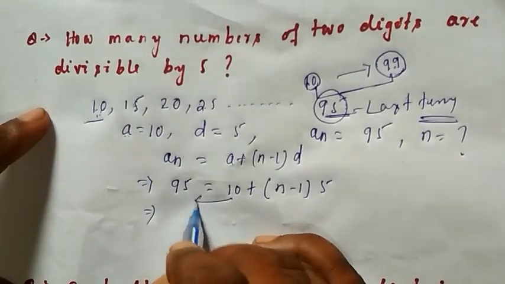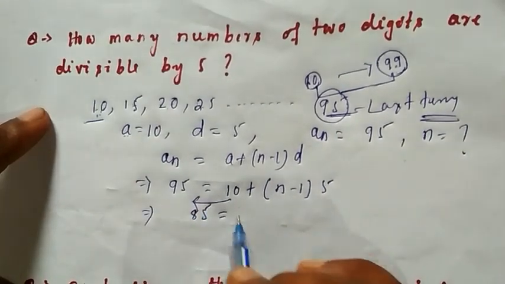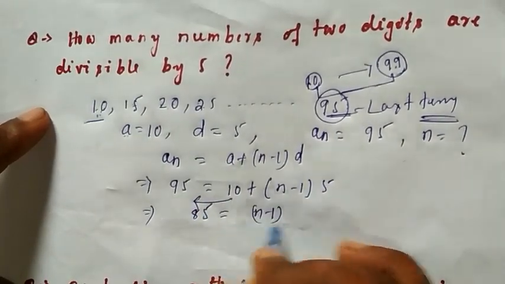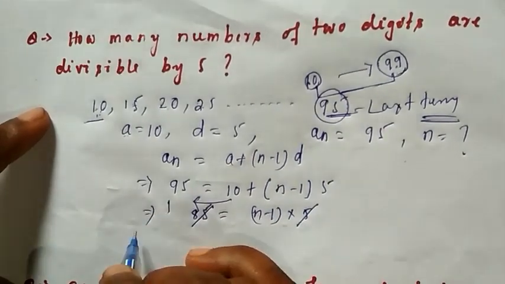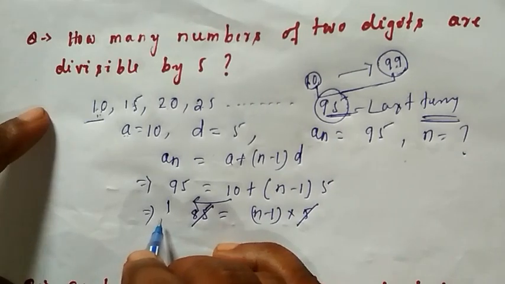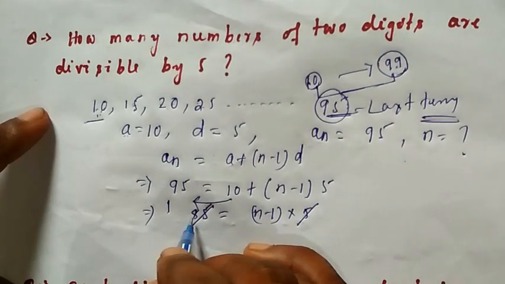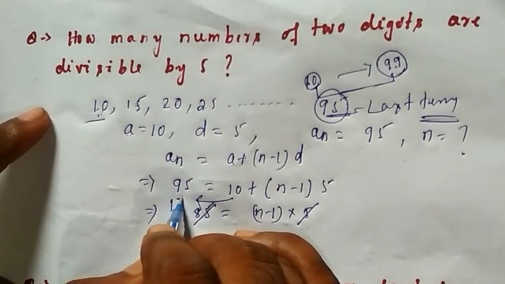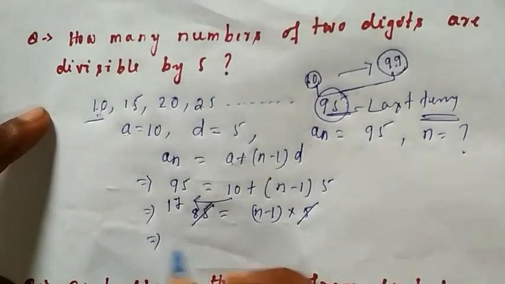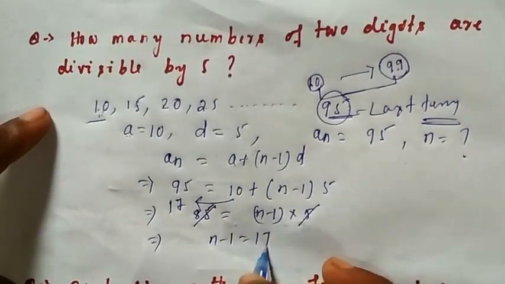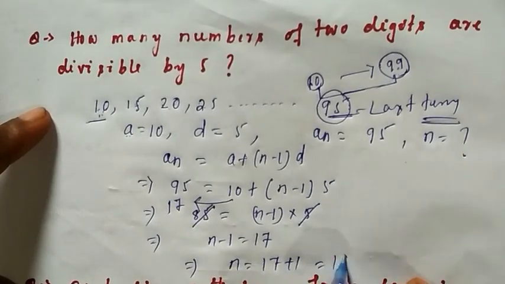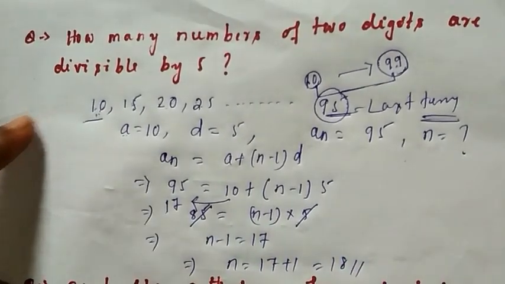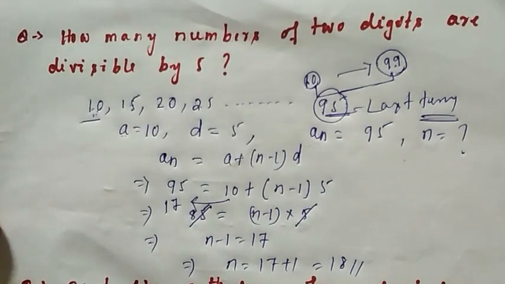Now 10, you bring this side, so this will be 85 is equal to n minus 1 into 5. If we cancel 5, 5 1s are 5, 5 1s are 5, then 35, 5 7s are 35. That means n minus 1 is equal to 17. Then n is equal to 17 plus 1, which is 18. So like that, 18 terms are there.